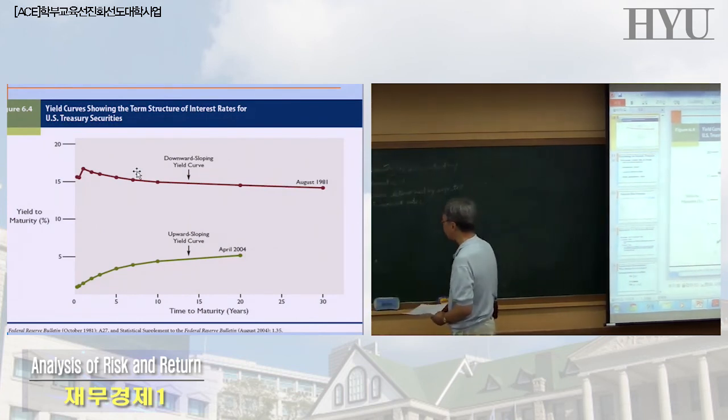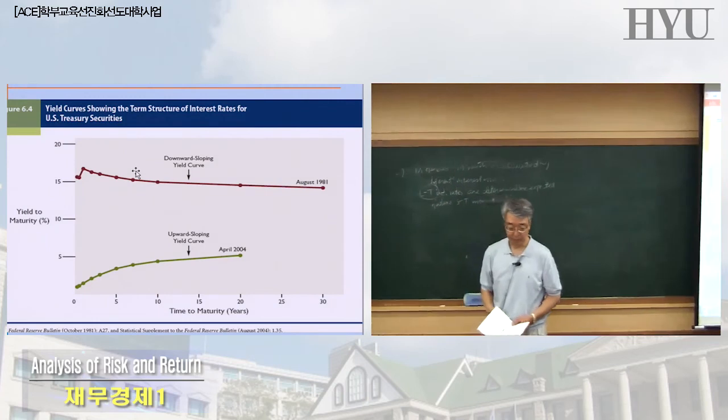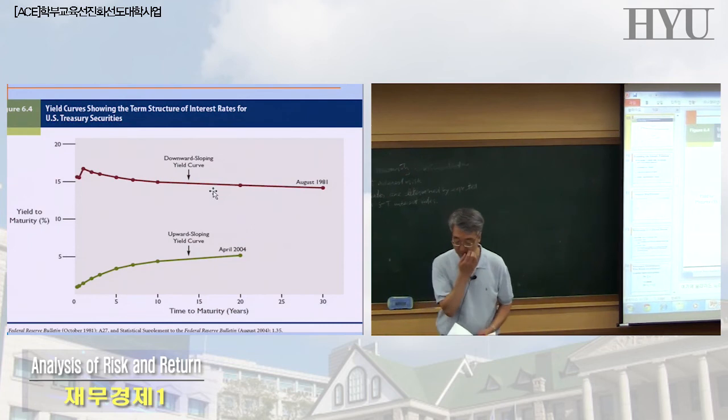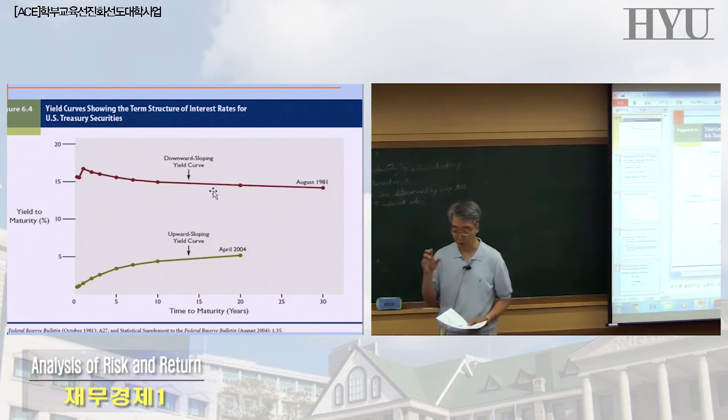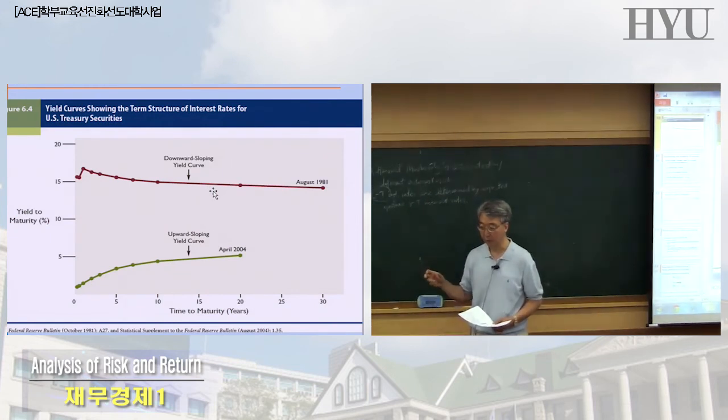So long-term interest rate, for example, let's say this is maybe 14%, right? The fact that people expected 14% interest with the 20-year maturity security means that people expected the short-term interest rate, let's say the 1-year interest rate, to be 14% 20 years later from now, right?